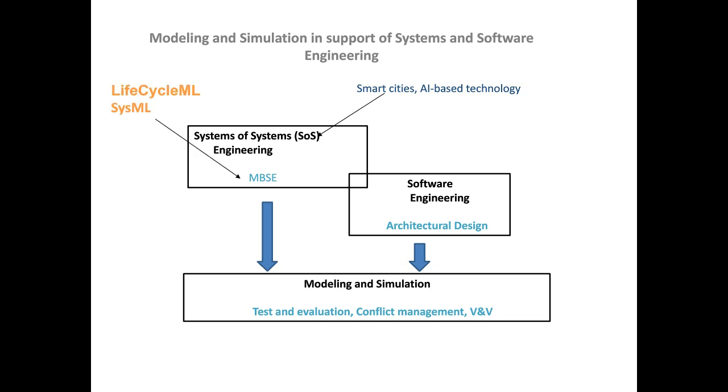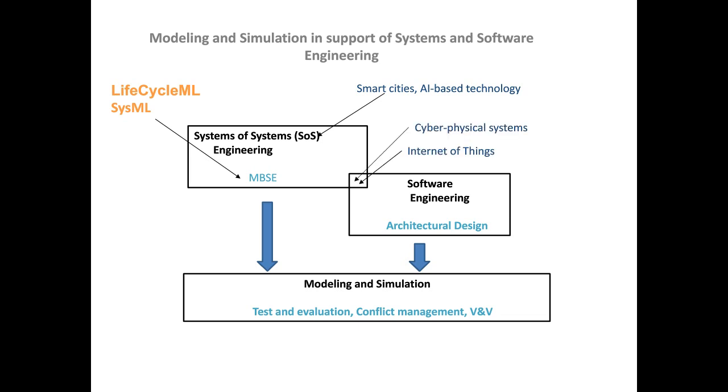And SysML is one of the kinds of languages that have been developed, and Lifecycle Modeling Language has recently been developed. So these are ways of describing, as I said, architectures or ways systems are built from their components.